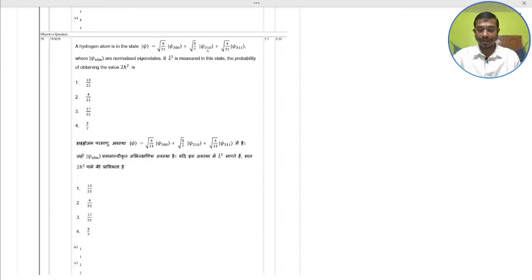The psi is given this. So now you have to find the mod psi square.